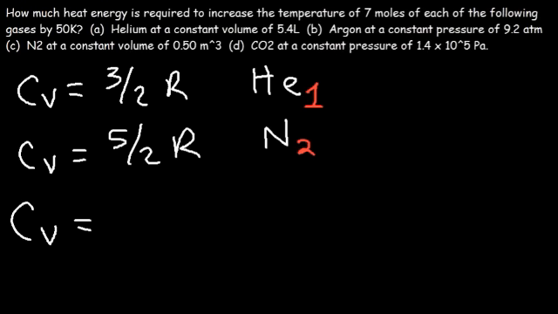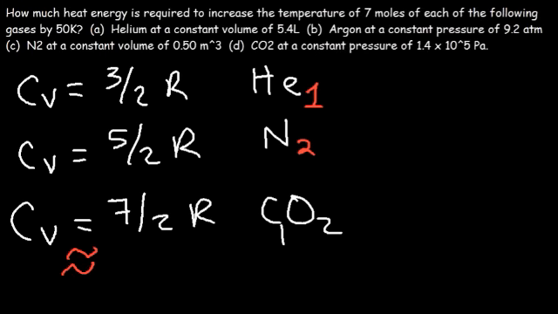Now, for polyatomic gases with 3 atoms, it turns out that it's approximately 7 over 2 times R. However, at this point it begins to deviate, so let's use an approximately equal to symbol. CO2 would fit this example. It has 3 atoms per molecule.